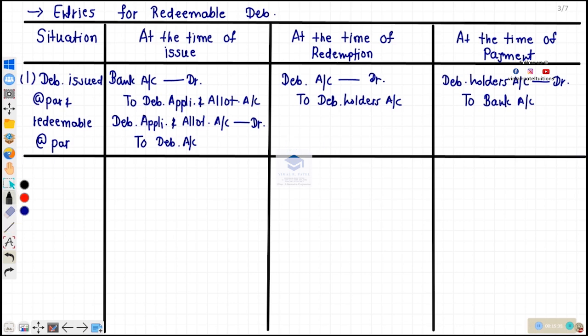Now, debenture issued at premium and redeemable at par. Means 100 rupees debenture was issued at 120 and company will repay 100.